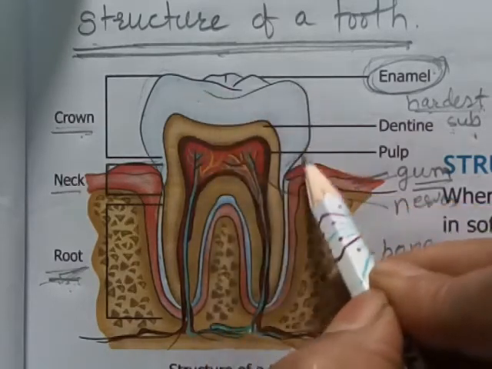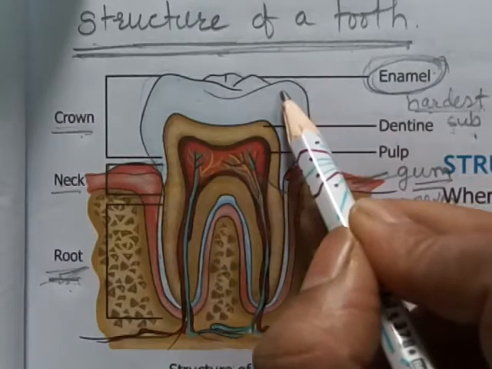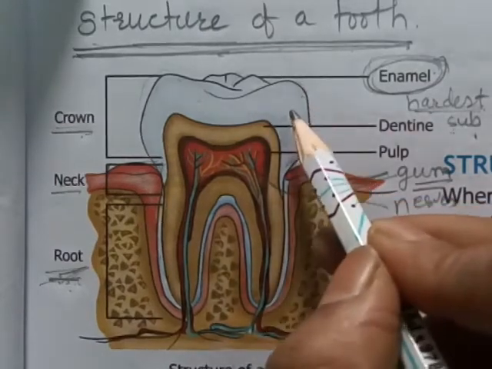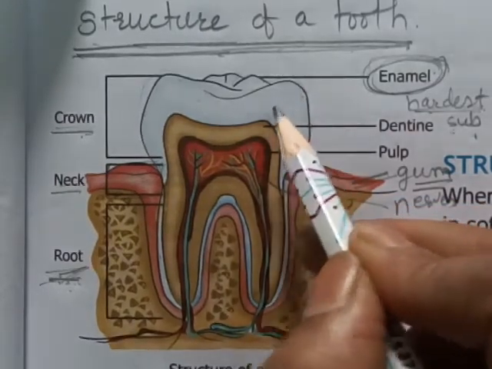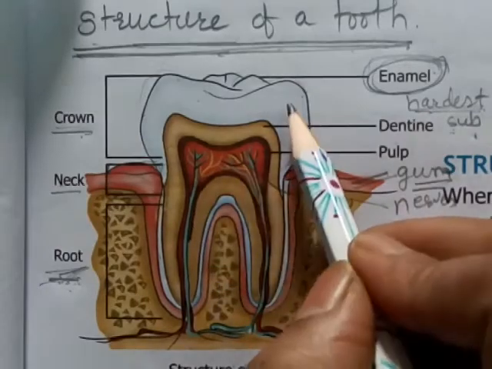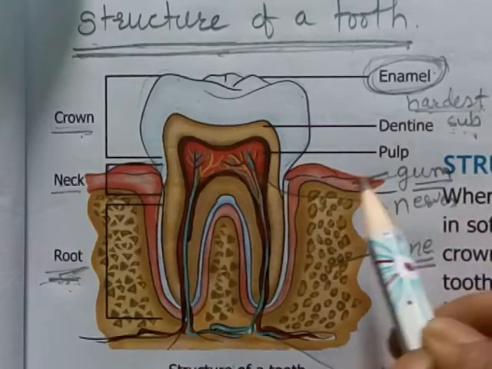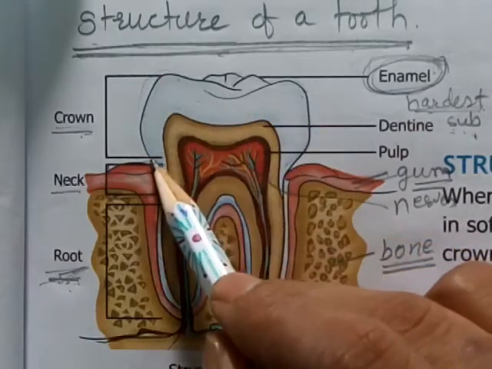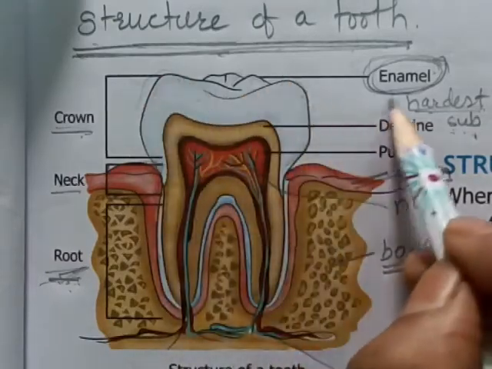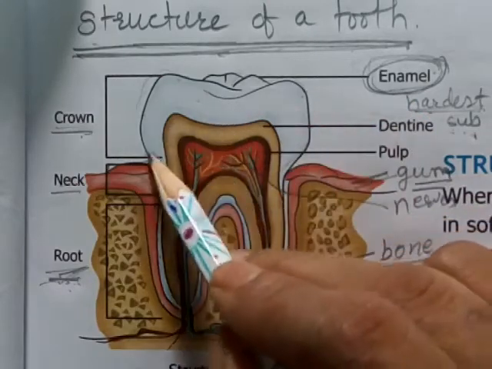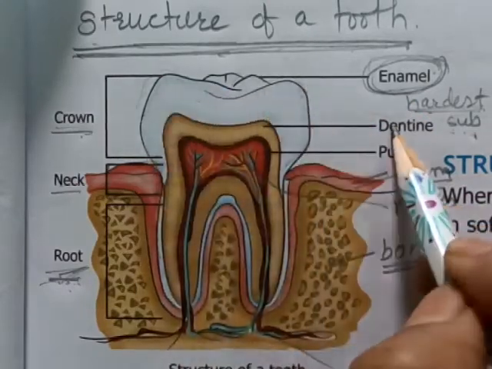That means if it is damaged it cannot be repaired and cannot be brought back to its original position. Okay, so enamel is the hardest substance in our body, and it is the covering of the crown. So what is enamel? Enamel is the covering of a tooth and its color is white.